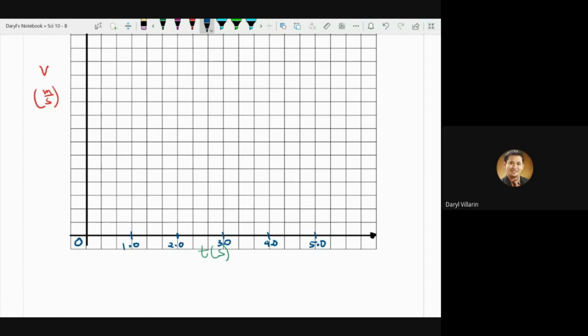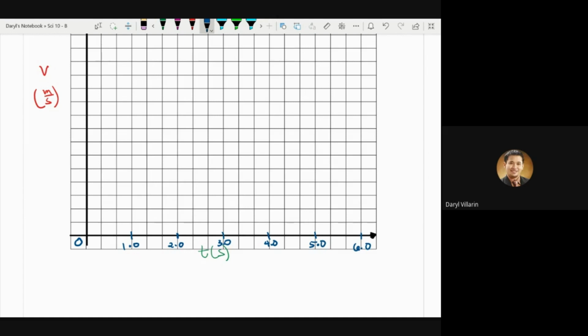I can stop at 5, or you can stop at 6. That would be enough, because in our data, the maximum value of the time is just 5 seconds.